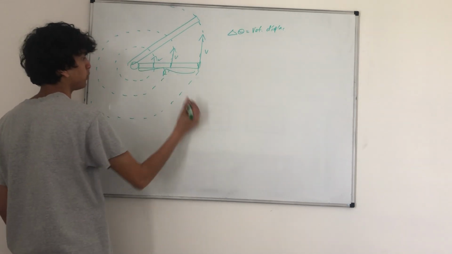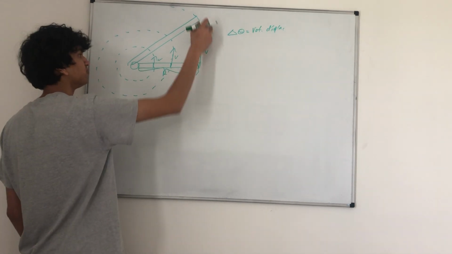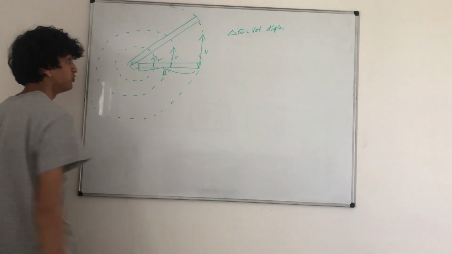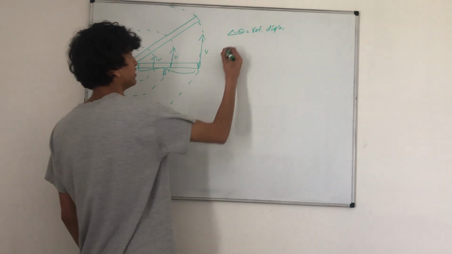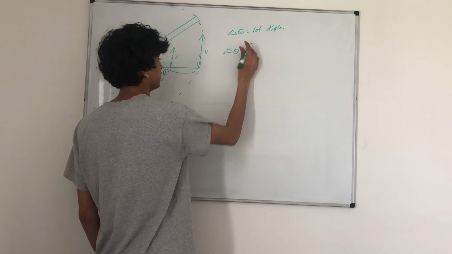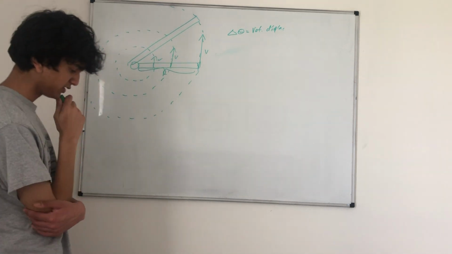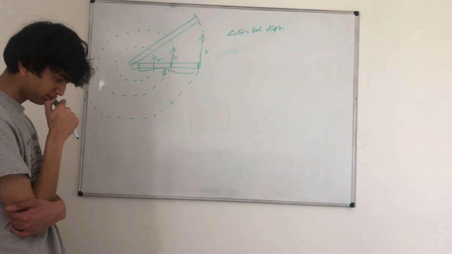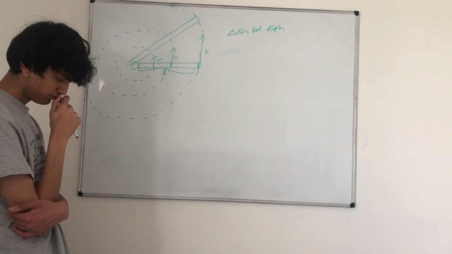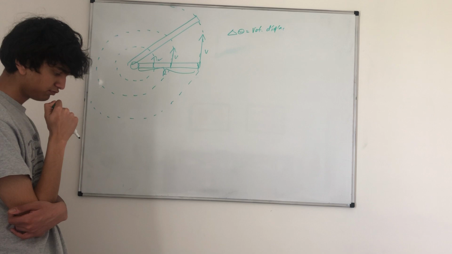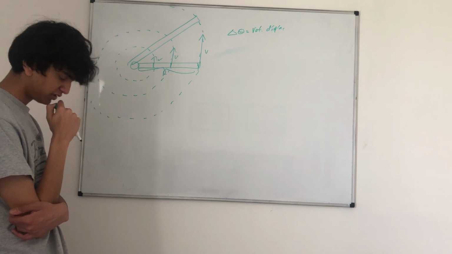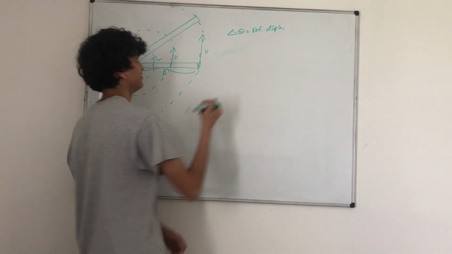To figure out how much distance you've traveled, you have to do change in theta times r. Or wait, is it distance or displacement? I think it's distance, not displacement.